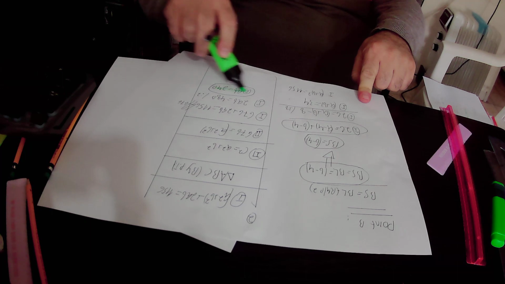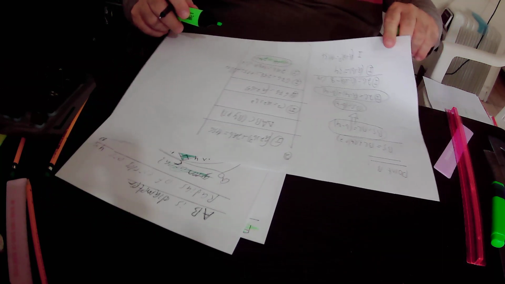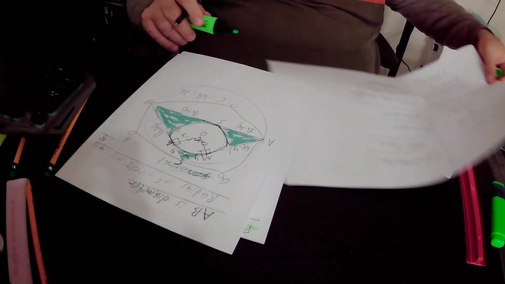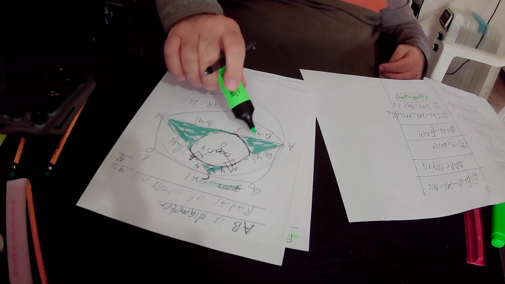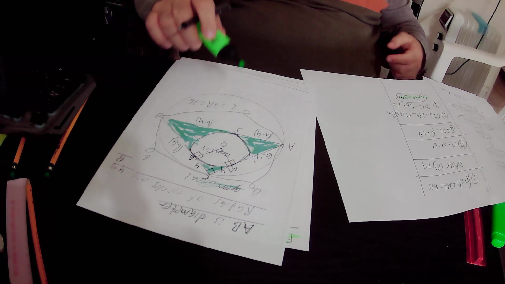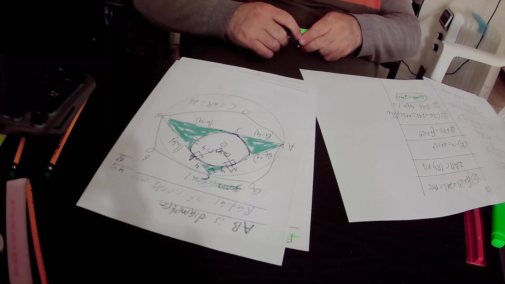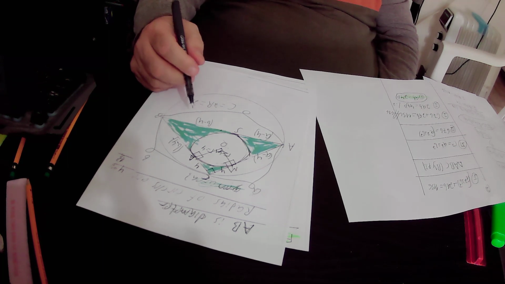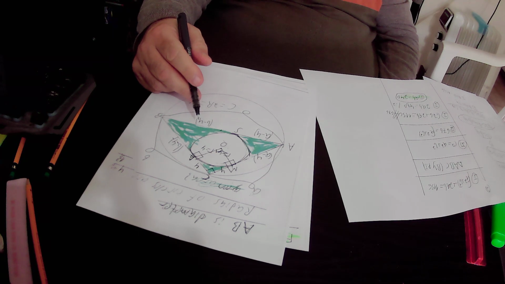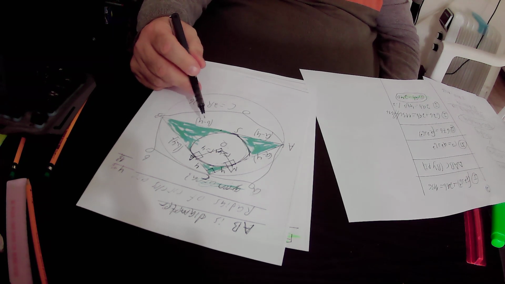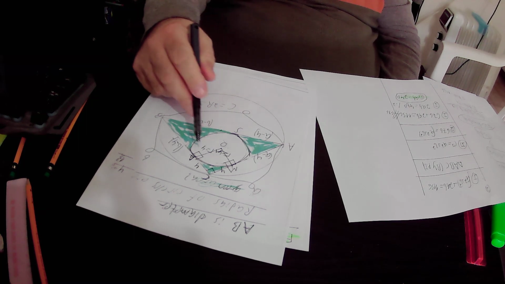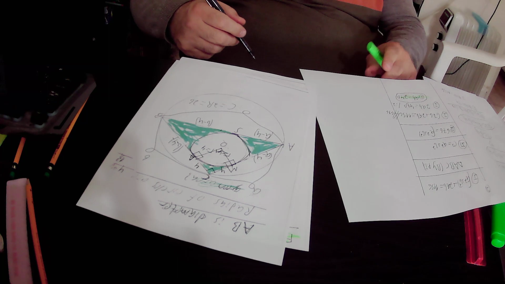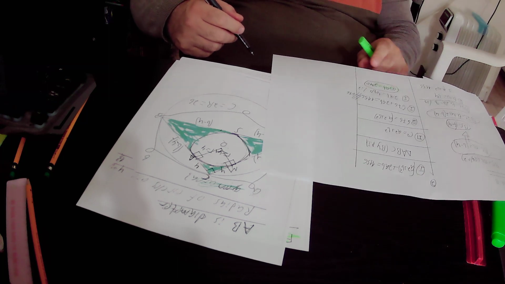And what is the area of the blue shape? It is very easy to see that the area of the blue shape is equal to the area of the big triangle ABC minus the area of the small circle, this small circle. So I write it down.